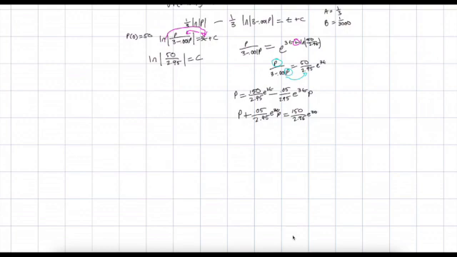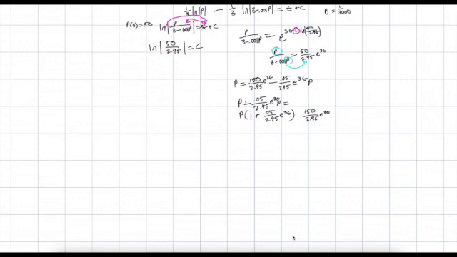What I have left to do is factor out a p. So I get p, which is 1 plus 0.05 over 2.95 e to the 3t, equals all this stuff here. And so that's all equal.